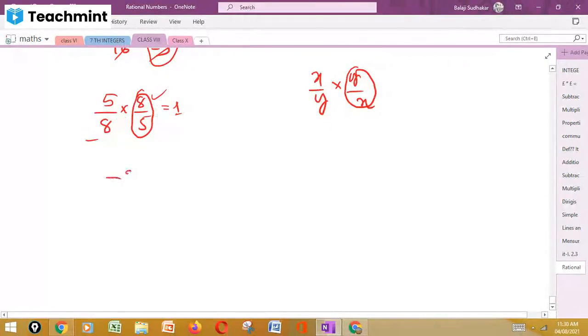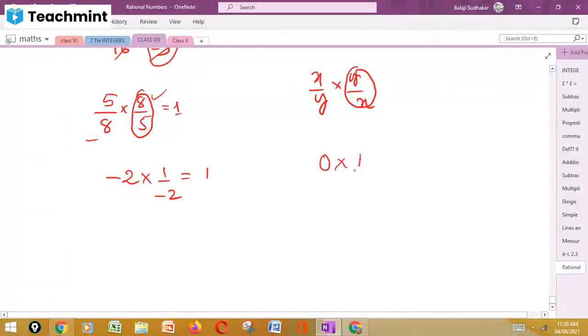What is the multiplicative inverse of -2? 1 by minus 2. Very good. And what comes for zero, tell me.